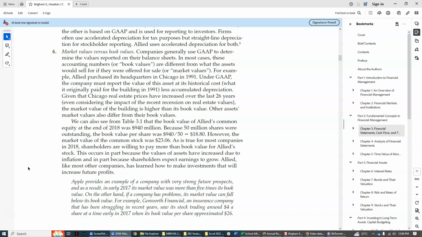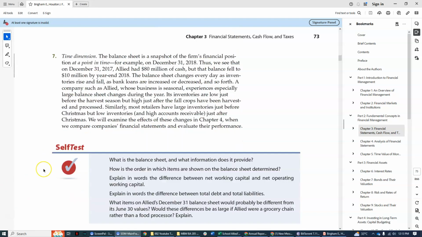But so far, the usual rule is the lower of the book value or the market value. So for instance, if the book value says that your inventory is worth 1 billion, however the market value is only 980 million, then you have to follow the lower. Okay, that's the usual rule when it comes to GAAP versus the market value.